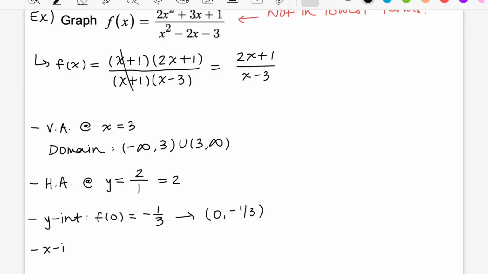On the other hand, setting our function equal to 0 and solving, we'll find our x-intercept. Our function is going to be equal to 0 only when our numerator is equal to 0, so we'll set that equal to 0. Solving for x, we get x is equal to -1/2. And so this tells us we're going to have an x-intercept at (-1/2, 0).